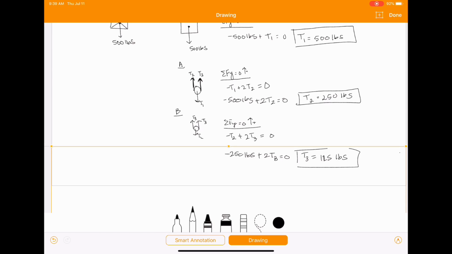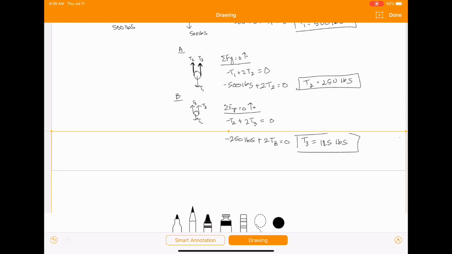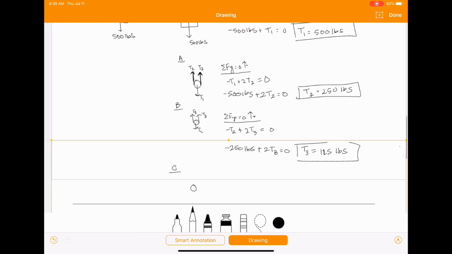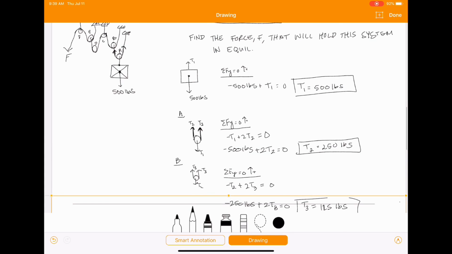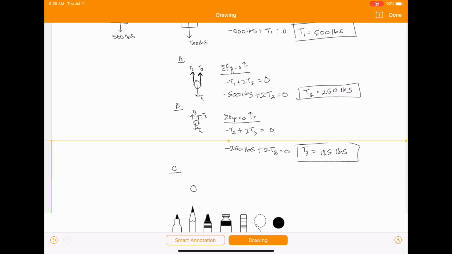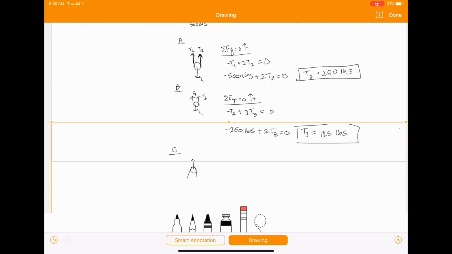All right, and we'll just keep moving through this system so we can do C now. And for C, we've got some force pulling up, and we have T3 pulling down on it.